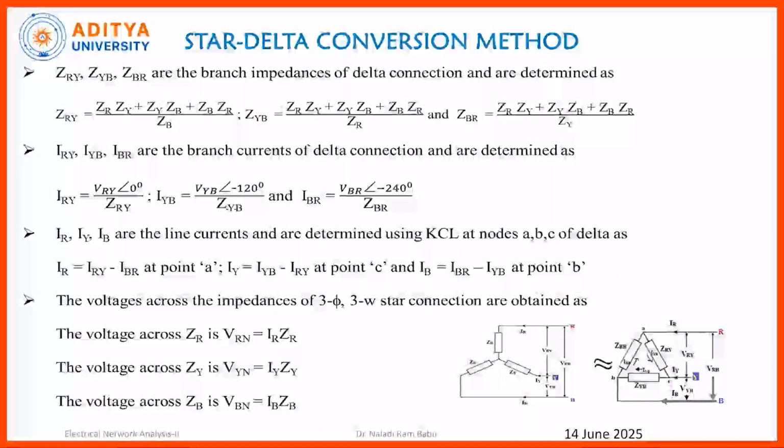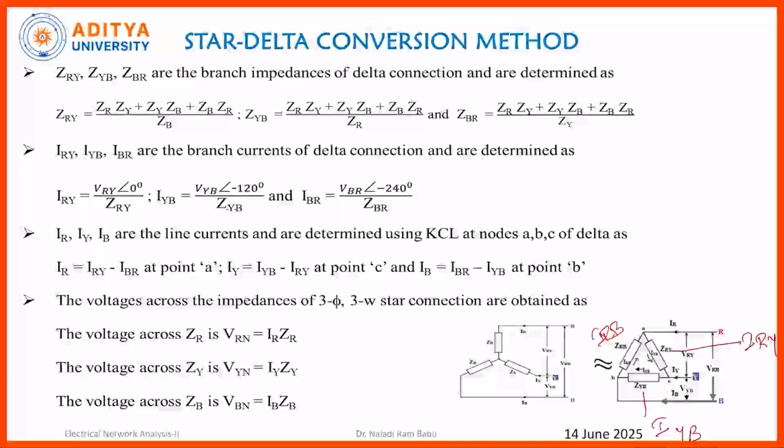Now, the first step is calculation of phase currents. In this ZRB the current flowing through it is IRB, in ZRY the current flowing through it is IRY, and in ZYB the current flowing through it is IYB.